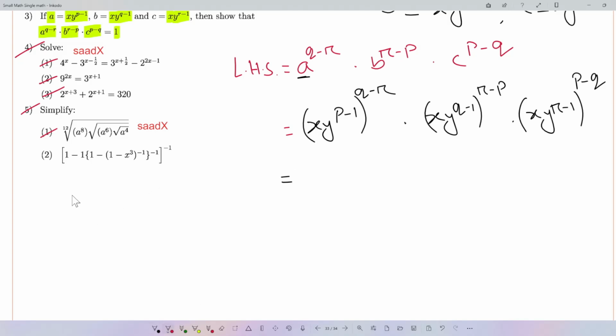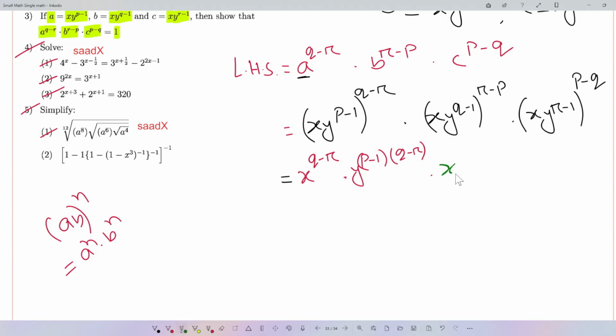So we know (ab) to the power n means a to the power n times b to the power n, right? So similarly, here is x to the power q minus r times y to the power, here is p minus 1 times q minus r, right? One thing gone.